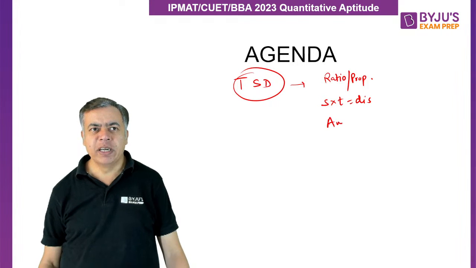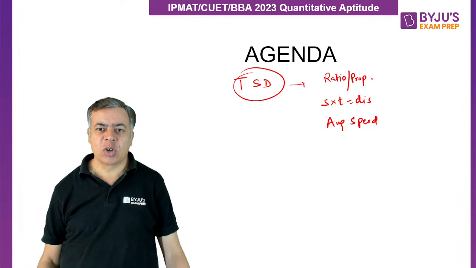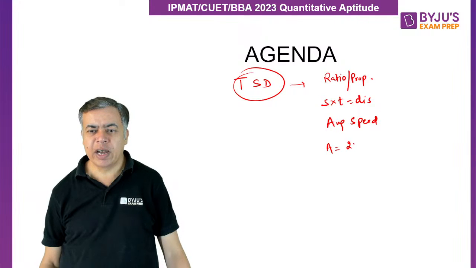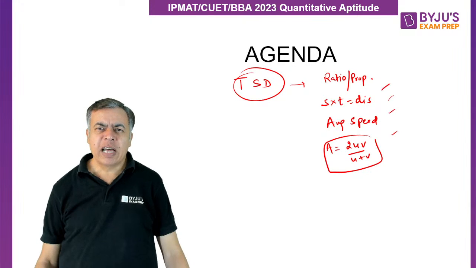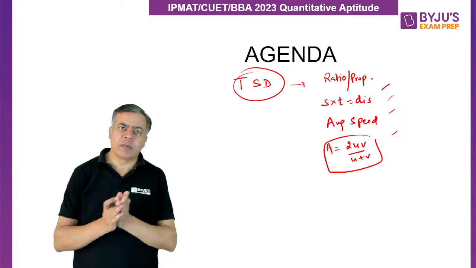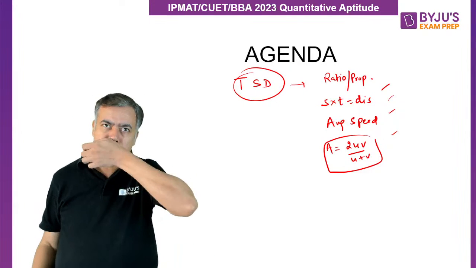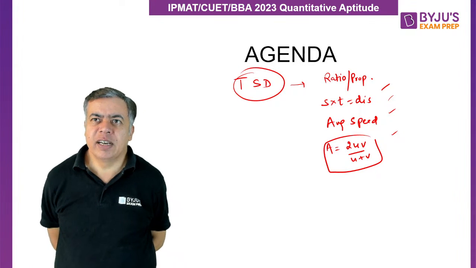Then average speed, the harmonic mean formula when the distance is constant, where we have 2uv over u plus v. That means basically the basic problems on time, speed, distance and average speed. So this will be today's agenda.